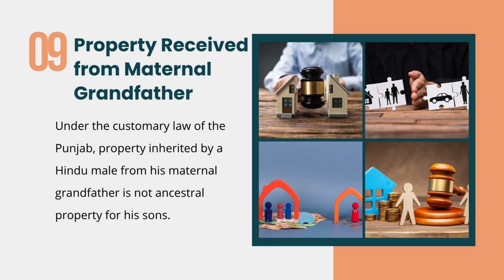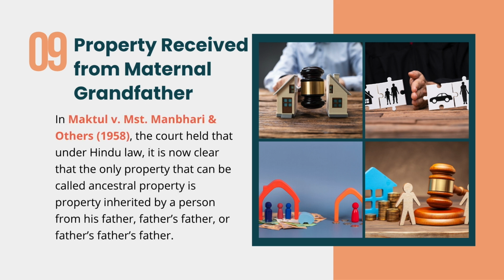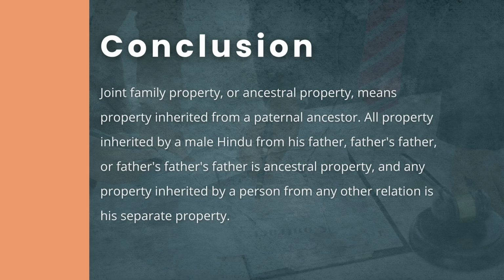In Maktool versus MST Manbhari and others, 1958, the court held that under Hindu law, it is now clear that the only property that can be called ancestral property is property inherited by a person from his father, father's father, or father's father's father. Dear learners, let's conclude today's lecture.